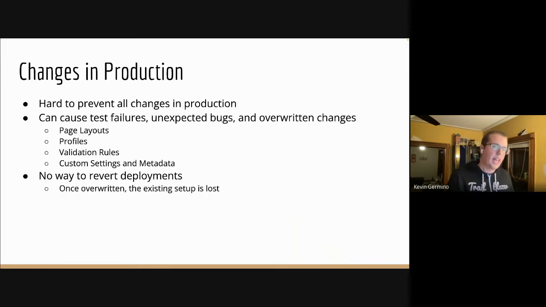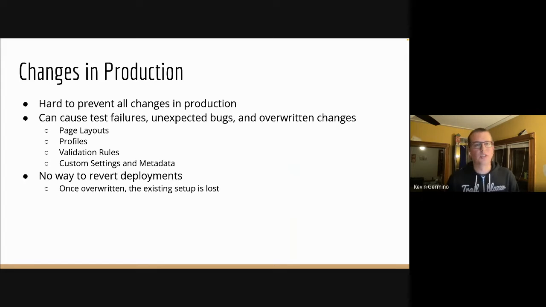And that actually gets to another common issue, the validation rule: changes made directly in production. In effect, what happens when people make changes in production is your environments get out of sync, and you get surprises. It is very hard in real world Salesforce environments to prevent any changes from happening in production.